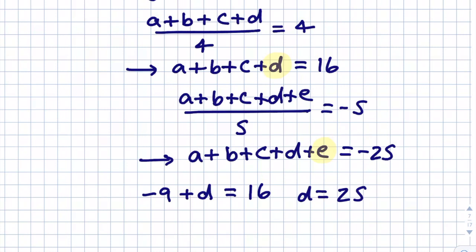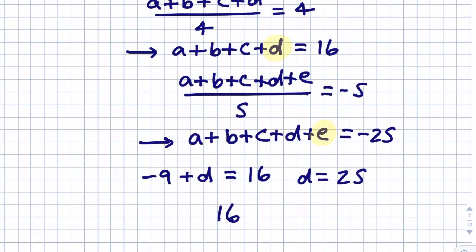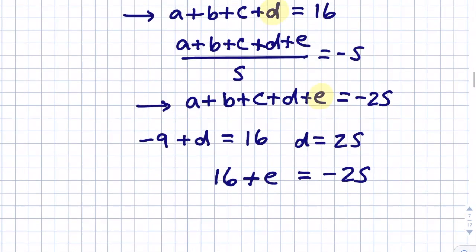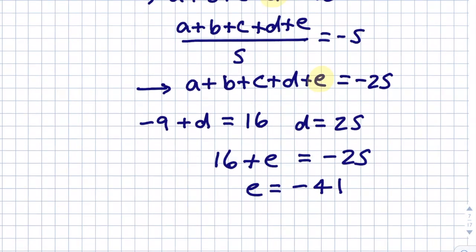Well, we know A plus B plus C plus D is 16, so we can say that 16 plus E equals minus 25. And if we subtract 16 from both sides, we get E equals minus 41. So 25 is the fourth number, D, and E, the fifth number, is minus 41.